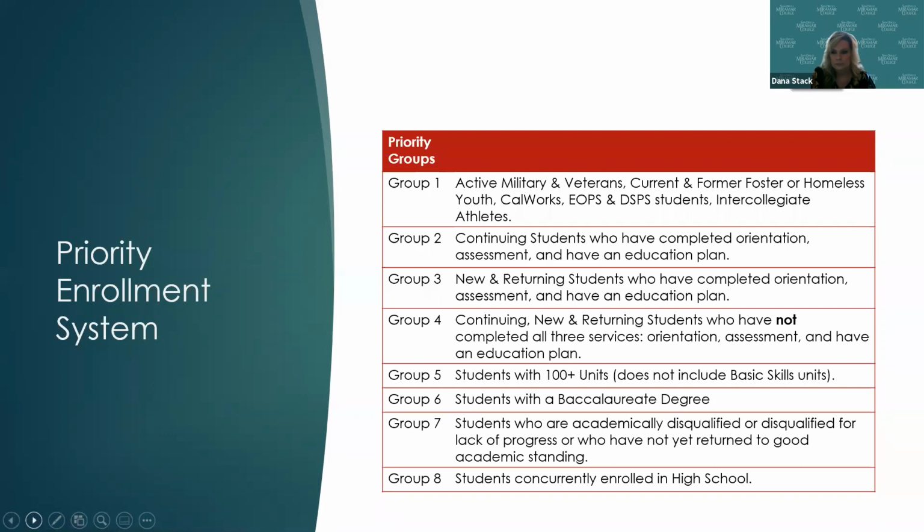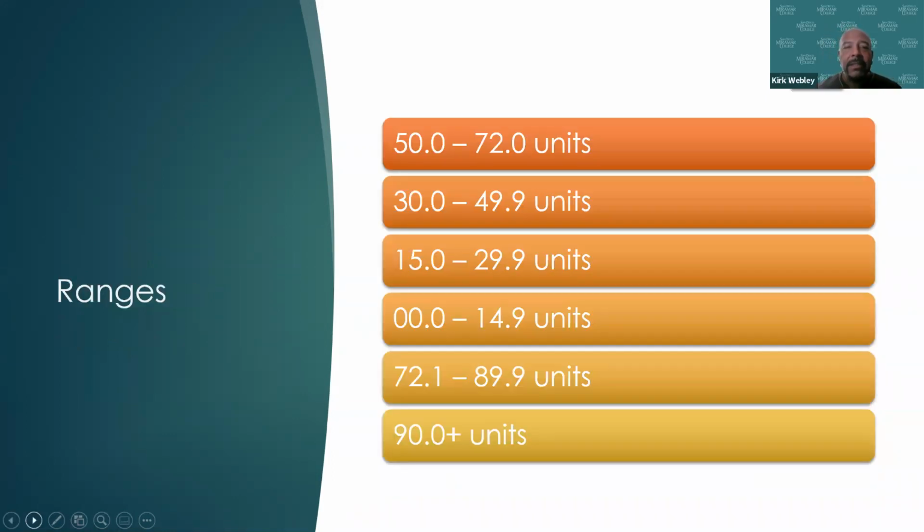Thank you. Now, in terms of this next slide, these are the ranges of units that also are used to determine a student's priority within a group. So the first, highest priority for students is those individuals who have 50 to 72 units.